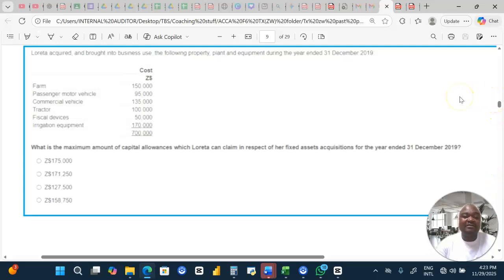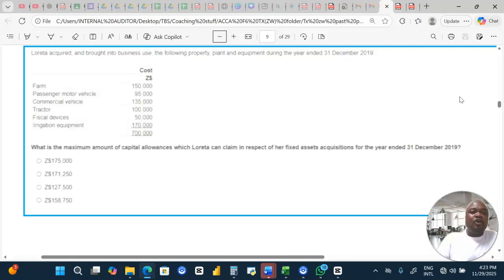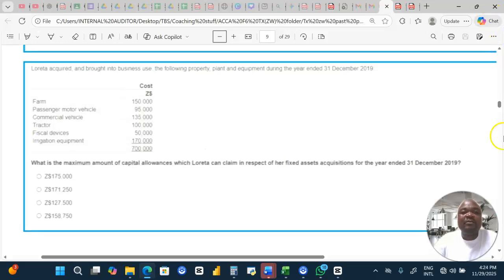Yes, I know it's not clearly visible, but let us copy it. Loretta acquired and brought into business use the following property and equipment during the year ended 31st December 2019.